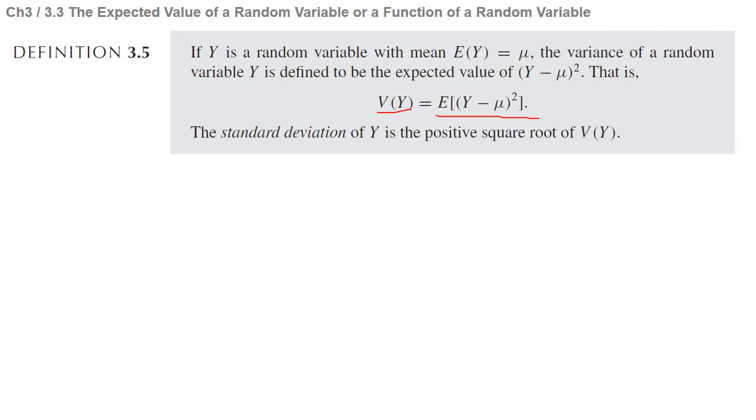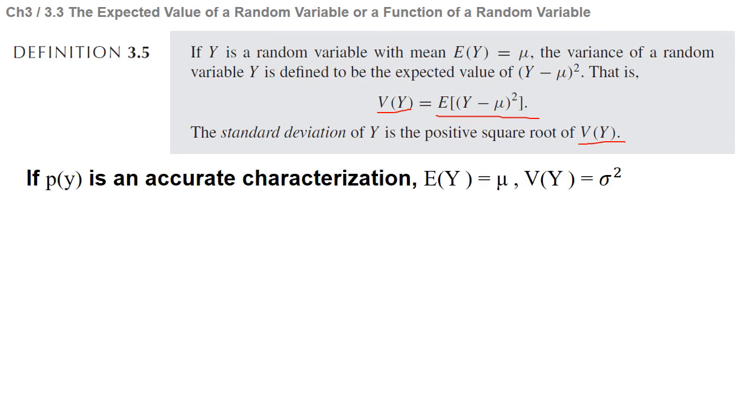The standard deviation of y is the positive square root of V(y). Okay, it's the definition for the variance. So if p(y) is an accurate characterization, then we already know this: E(y) is mu, and V(y) equals sigma squared.